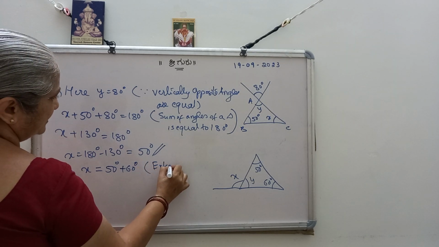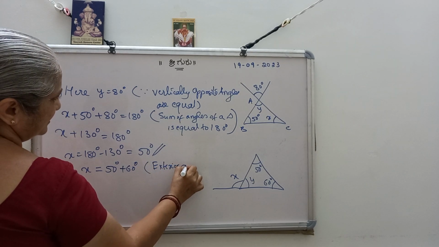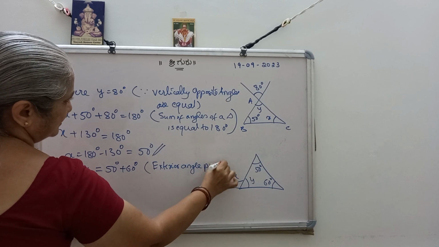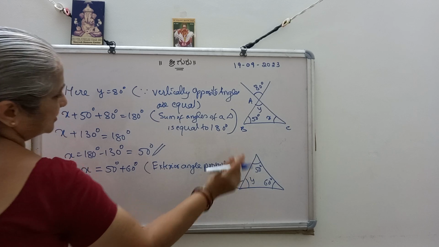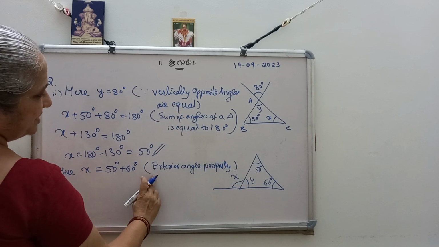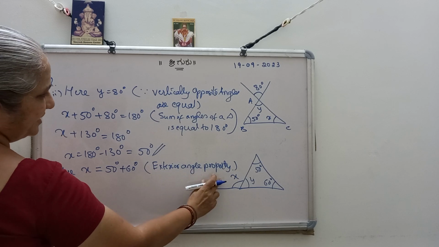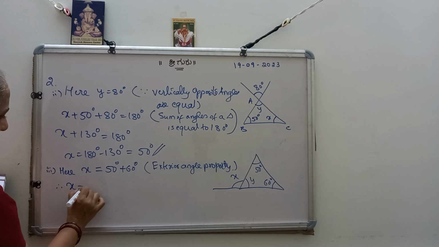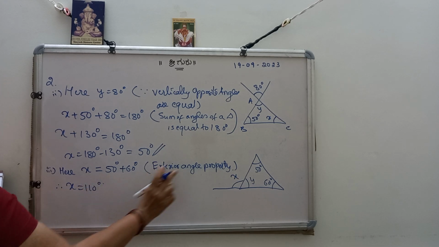Exterior angle property. You should write that exterior angle is equal to sum of its opposite interior angles. Therefore, x is equal to 110 degrees.